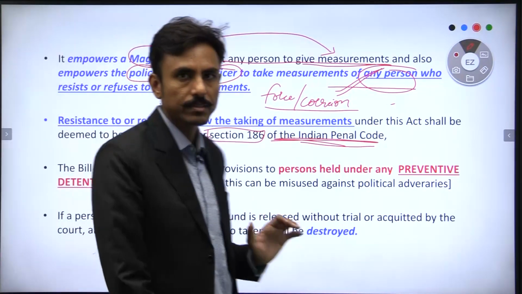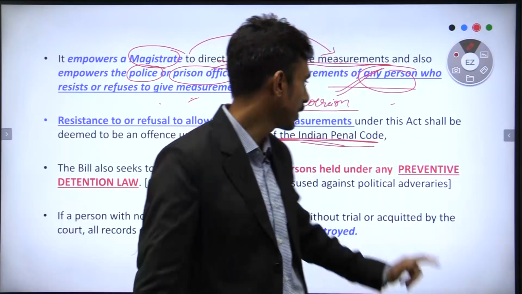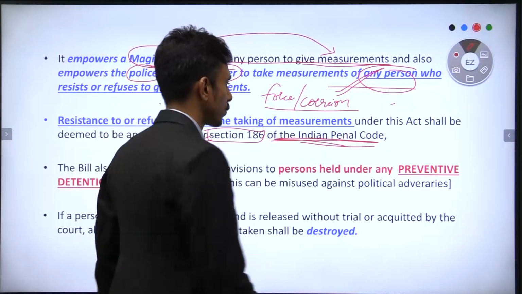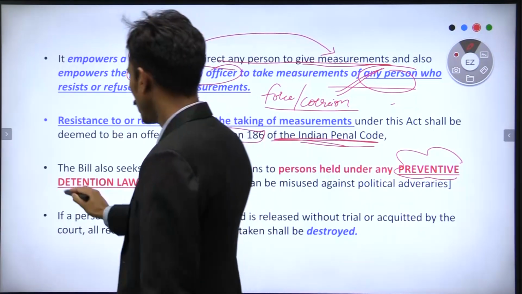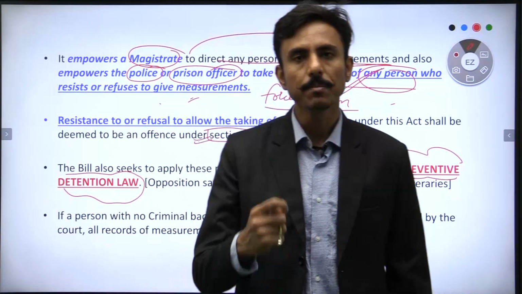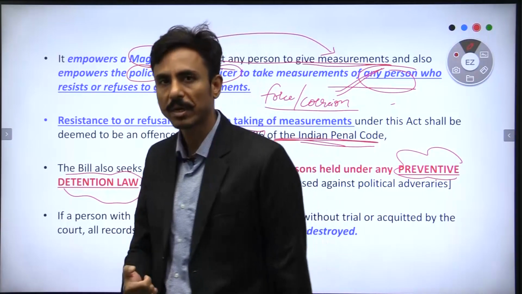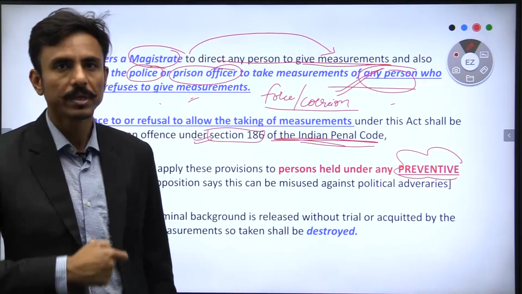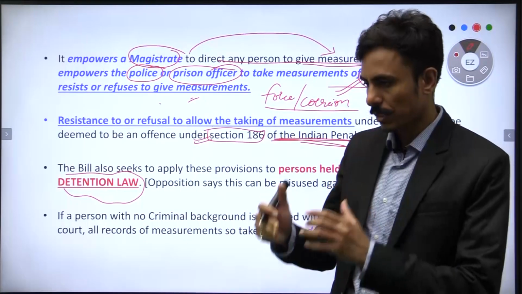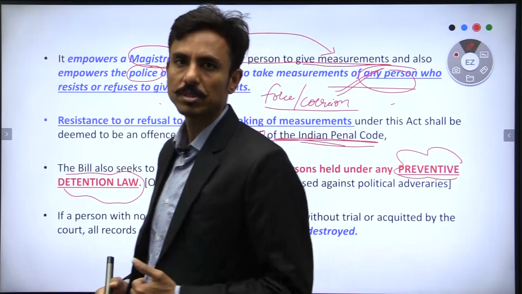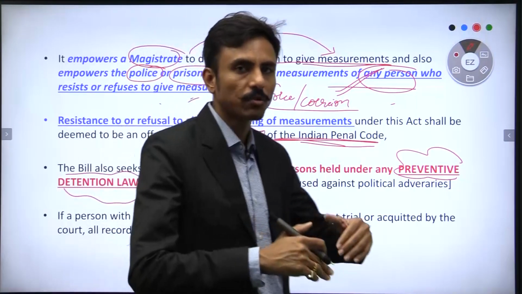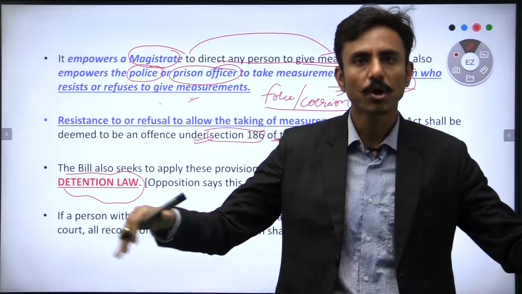Very, very important, guys. The bill also seeks to include the persons held under preventive detention law, right? We all know that if the government fears that any person can be a potential criminal, or can be detrimental to the peace and order in society, the government would order the police authorities to detain the person, so that it would help in the prevention of any future crime, right?